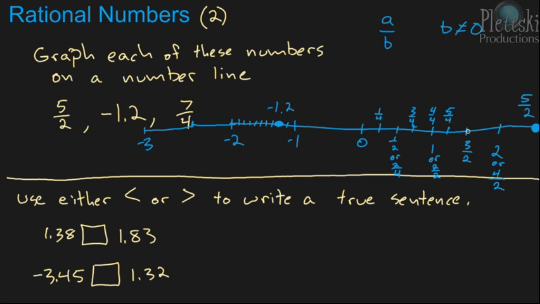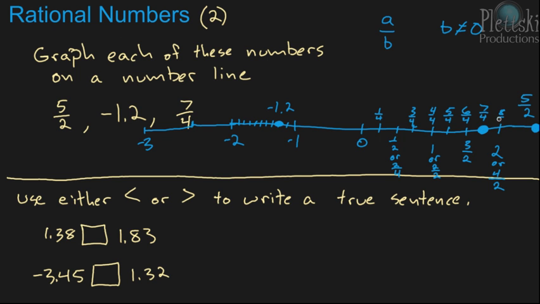1.5 or 3 halves would be 6/4. And then we have 7/4. So 7/4 would be right there. And if you count them, you have 0, 1, 2, 3, 4, 5, 6, 7/4. And then 2 would have been 8/4, right? Because 8 divided by 4 is 2.